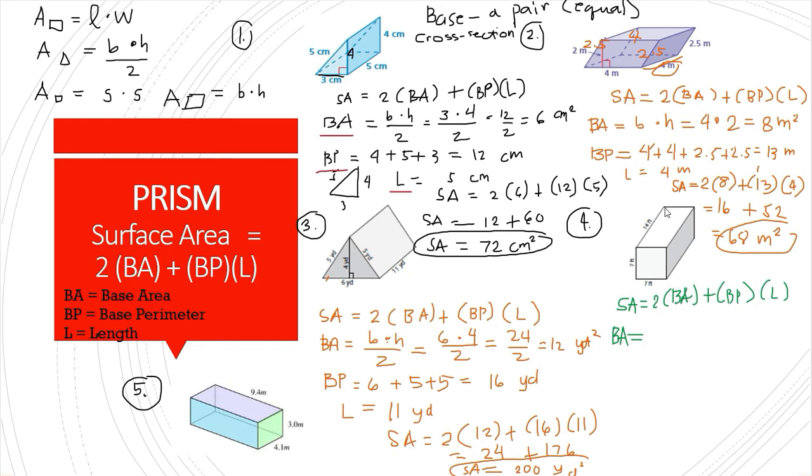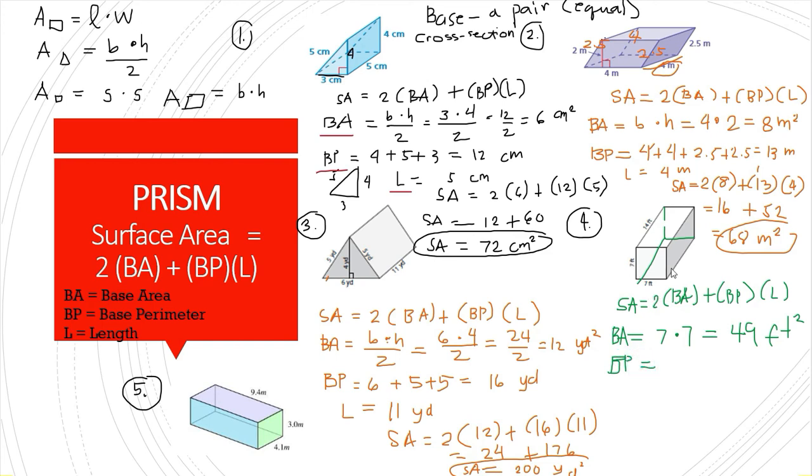So here, this is a square because this has an opposite side here. This is your base. So the formula for the area of a square is side times side. So 7 times 7 is equal to 49 square feet.